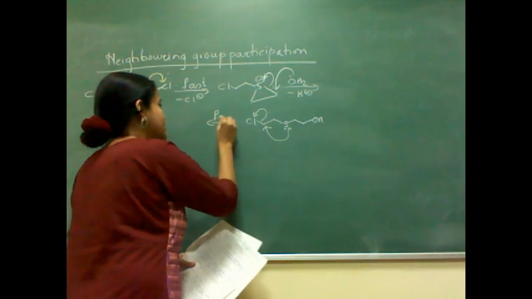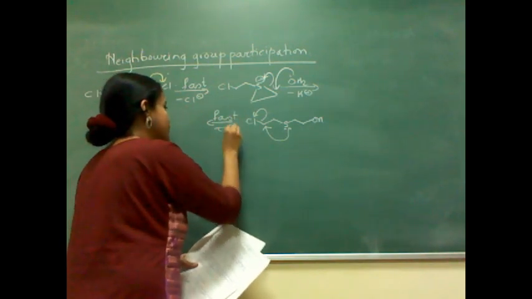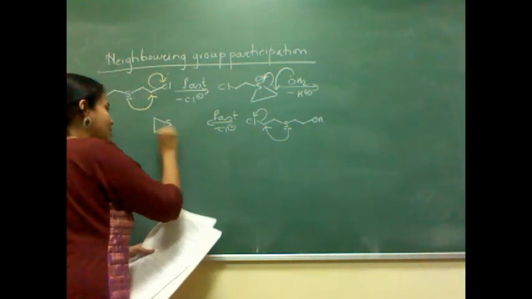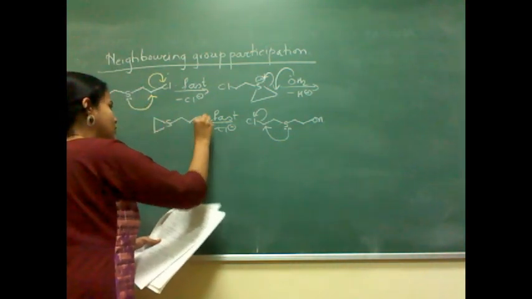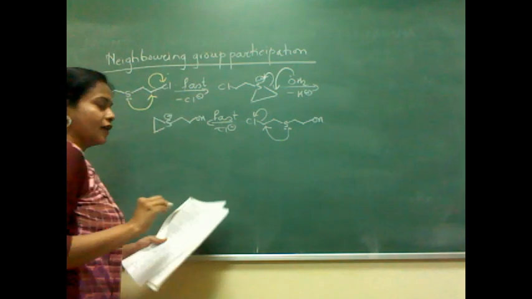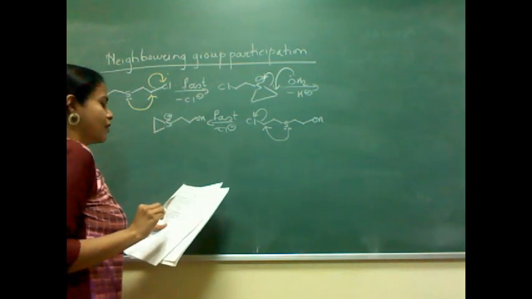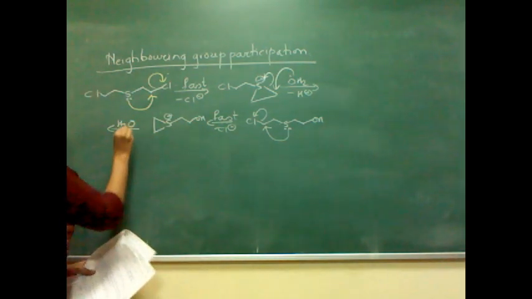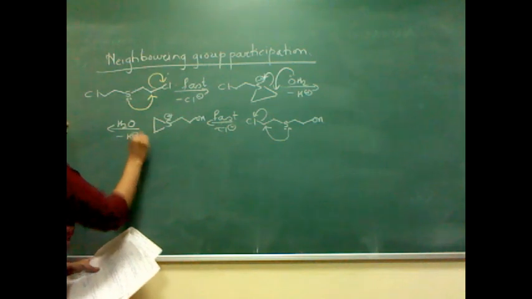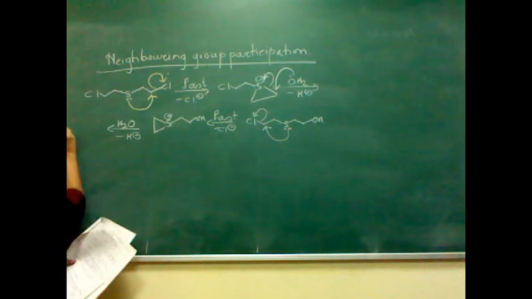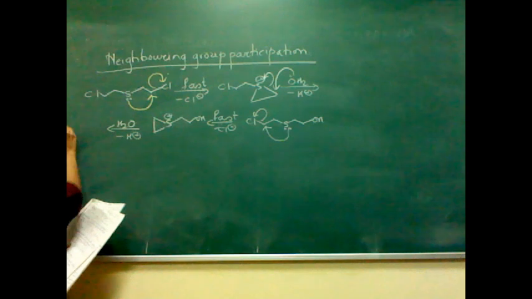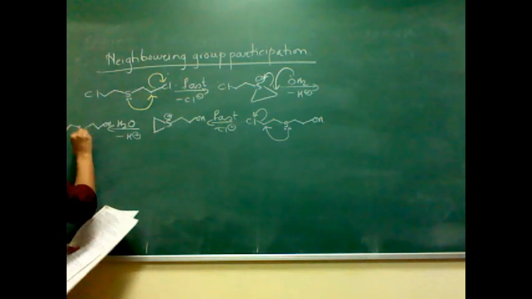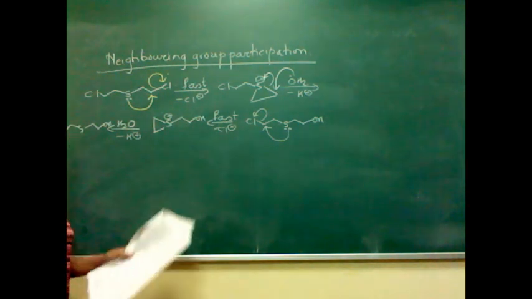So this takes place in a relatively rapid manner, and you get the formation of another three-membered ring intermediate which is opened by a water molecule, leading to the formation of the product.